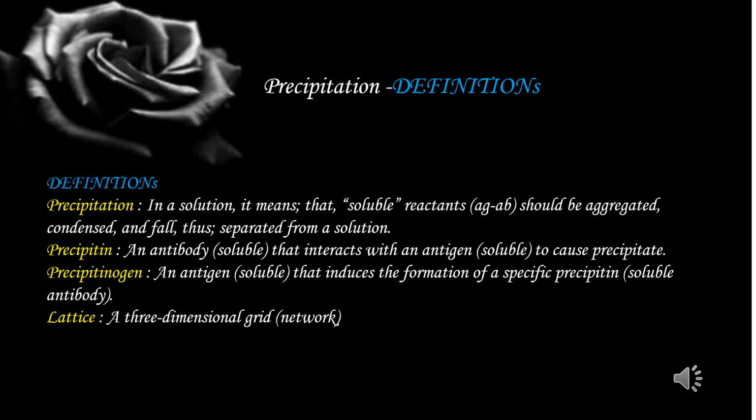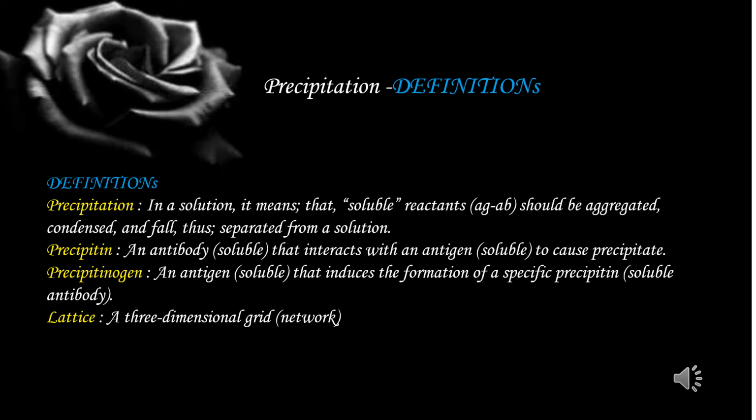When a soluble antigen and a soluble antibody react together, there will be formation of clumps, or you can see a condensed material, which we call an aggregate, and this is separated from the solution, and that we call precipitation. Precipitin is a soluble antibody that interacts with an antigen to cause a precipitate.